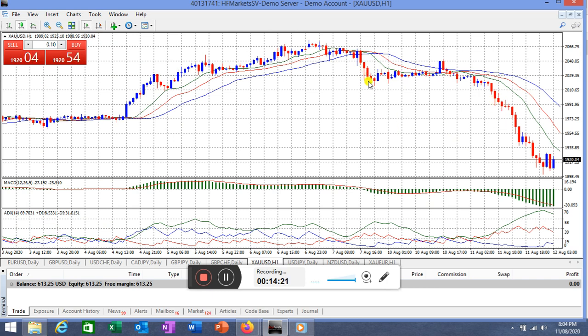For example, if you enter on this wick right here and you set your stop, unless your stop was very large, you probably would have gotten stopped out. If you entered here and your stop loss was here, you'd have gotten stopped out right here. If you entered here and decided to hold, hoping the market's going to go down, you'd have gotten stopped out right here. So the week was long.